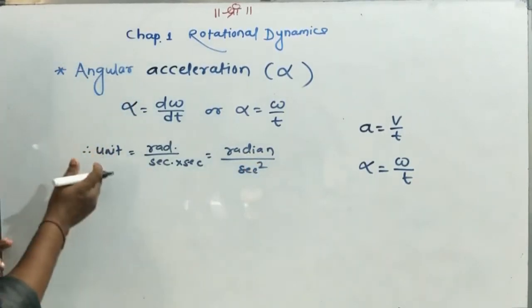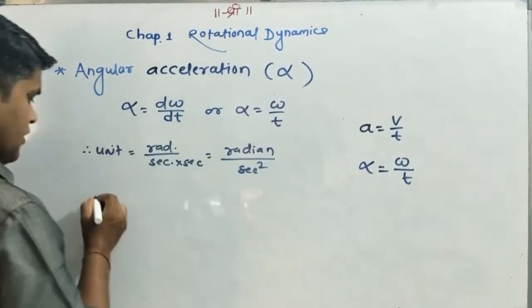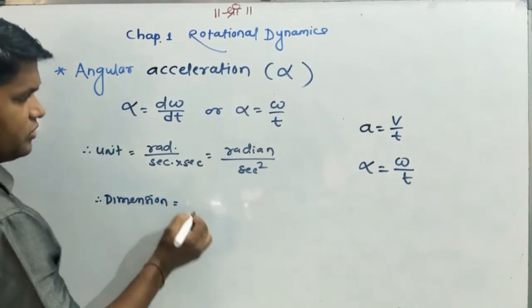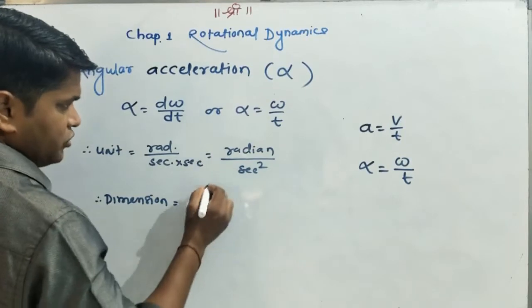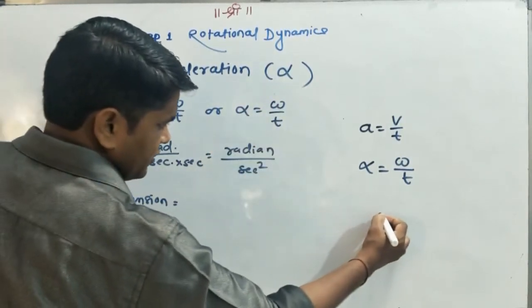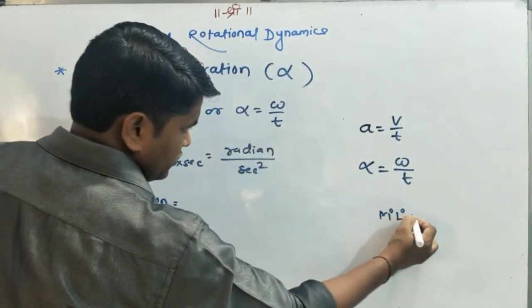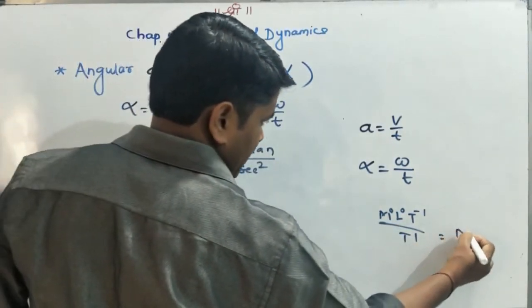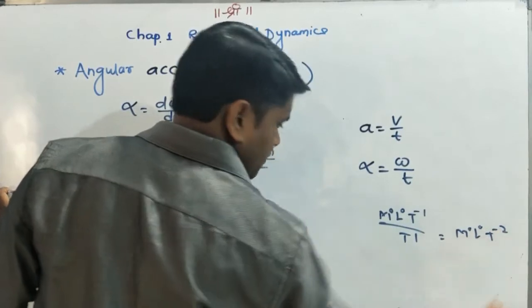This is the unit of angular acceleration, and therefore the dimension: omega has dimension M^0 L^0 T^-1, and upon time means T^1, so we get M^0 L^0 T^-2.